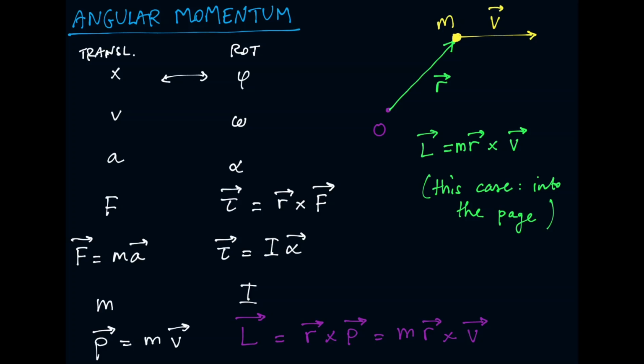If, for example, just to draw it again, if this is r and the velocity of the object were directed like this, then instead it would be out of the page. Okay, all the usual stuff. So far just giving names and defining things, but let's see how this is important.